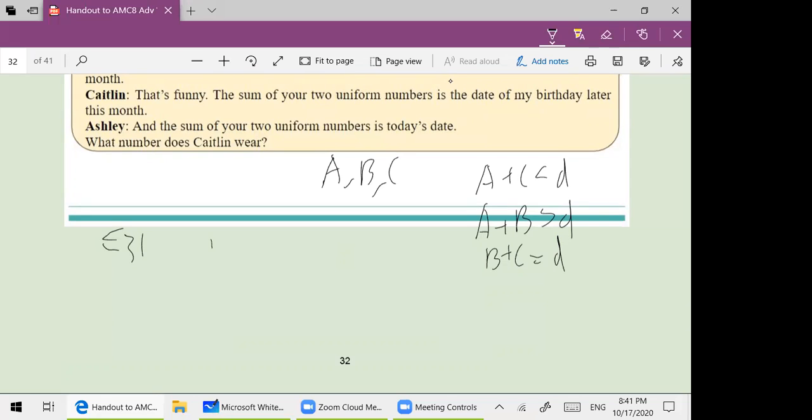So none are larger than 19. So they must be pairwise distinct.